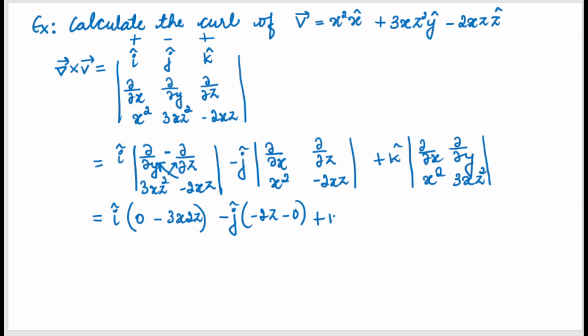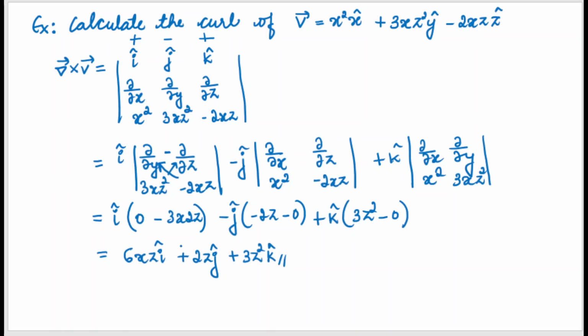Now plus k cap. K cap is with respect to x, it will be 3 times z², minus with respect to y, it is 0. So we are getting the solution to be 3 twos are 6, 6xz i cap minus of minus plus 2 times z into j cap plus 3 times z² into k cap.